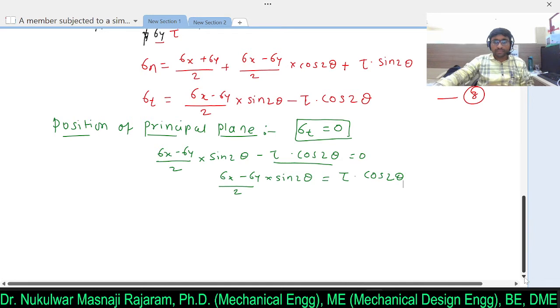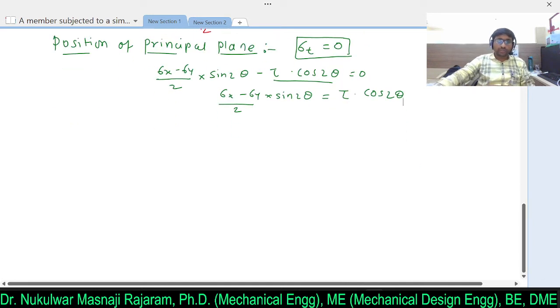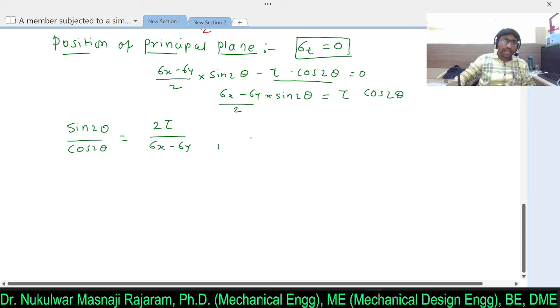It's just a simple basic derivation. So I will write sine of 2 theta divided by cos of 2 theta equals tau divided by, multiplying the 2 to this side, 2 tau divided by sigma x minus sigma y. As we all know, sin 2 theta divided by cos 2 theta becomes tan of 2 theta, equal to 2 tau divided by sigma x minus sigma y.